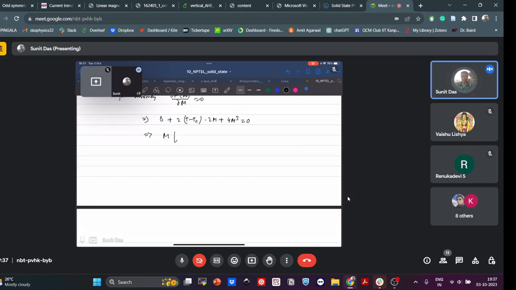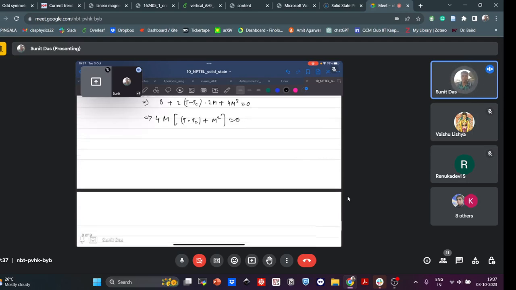If we take common, 4m, so t minus tc plus m square equal to 0.